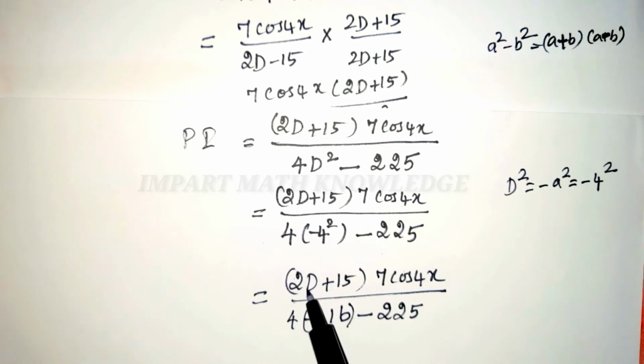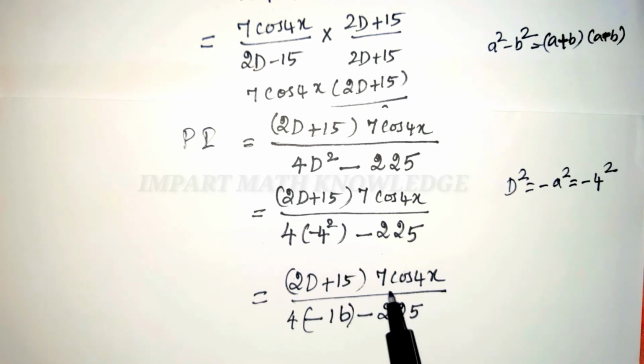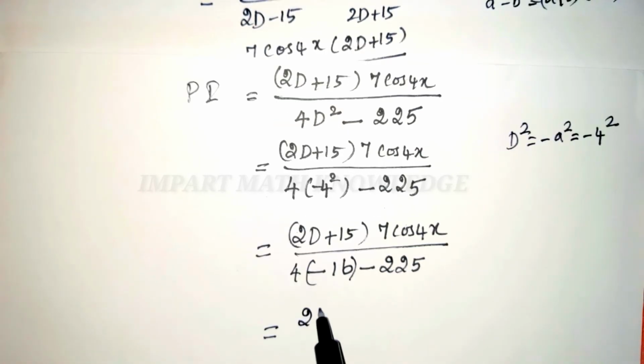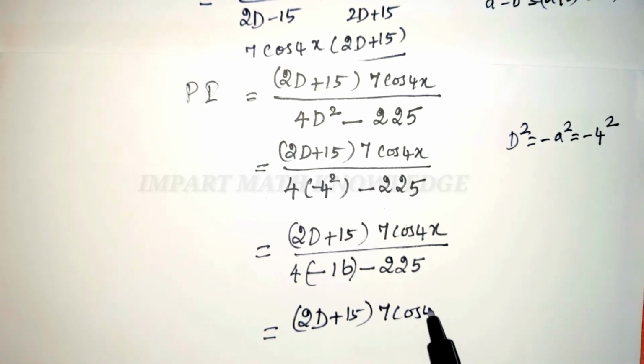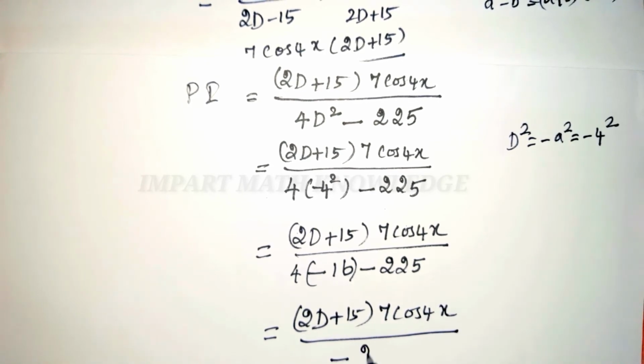This is equal to (2D + 15) 7 cos 4x by 4 into (−16 − 225), which is (2D + 15) 7 cos 4x by −289.